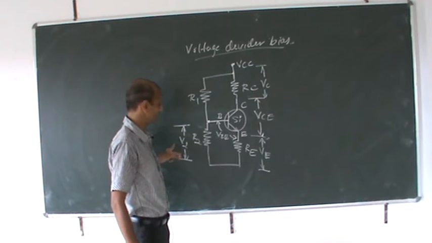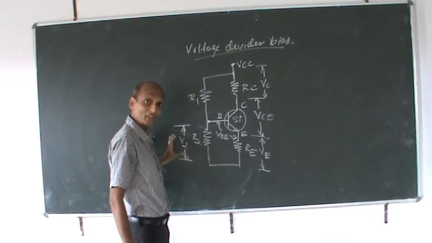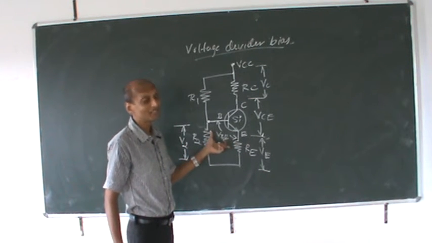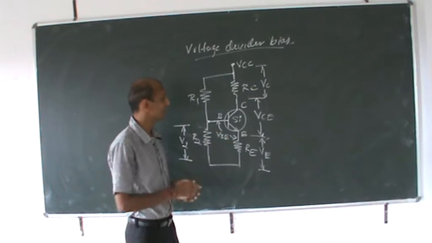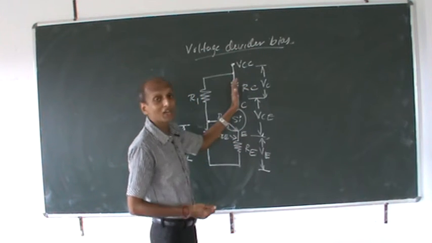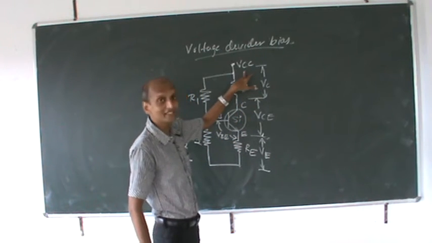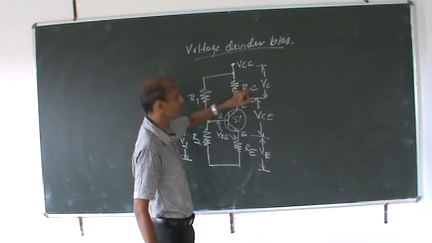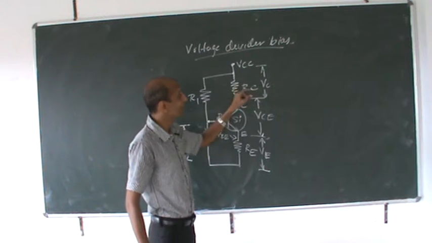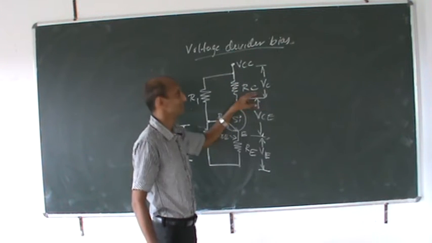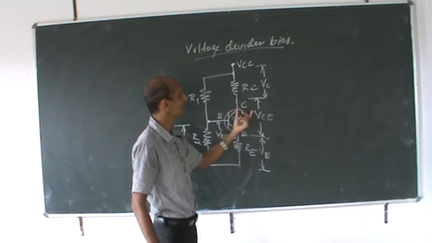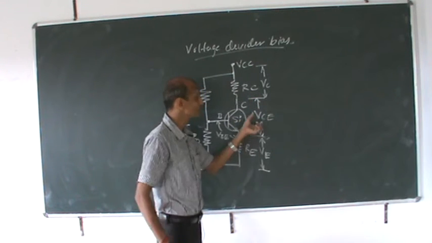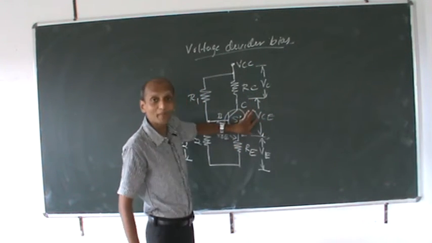It is very important because this voltage drop will bias your base to emitter terminal, that is, the input terminal. And at the output terminal, VCC will come like this, and RC will make a voltage drop of VC, the voltage drop across your collector terminal resistor, and the remaining voltage will come across your collector to emitter terminal.